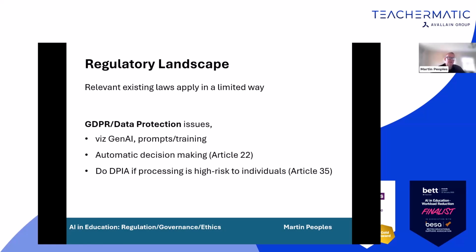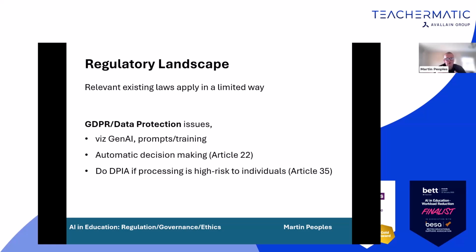So, for example, when you're doing a prompt, you've got to bear in mind the restrictions of GDPR. So, when you're asking your model like ChatGPT or Gemini to analyze some data, you wouldn't be including things like students' names and so on.